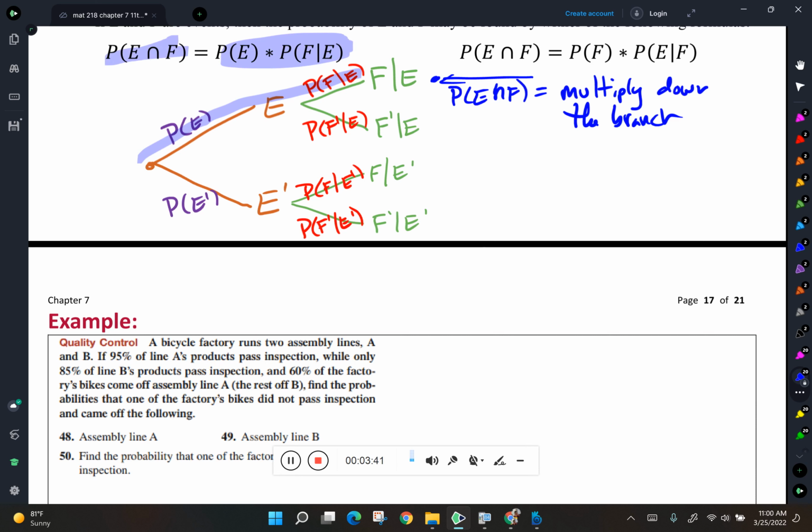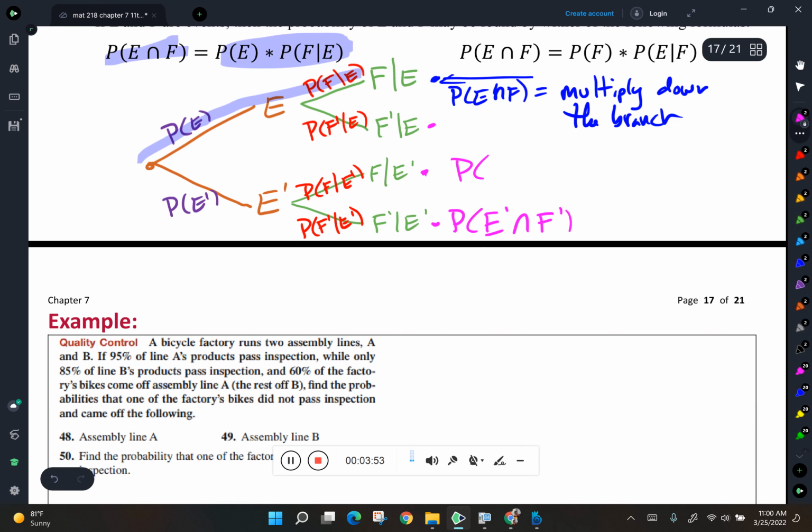In fact, every one of these terminal branches over here is going to be an intersection. This one down here is the probability that E didn't happen and F didn't happen. This one's the probability that E didn't happen and F happened. This one's the probability that E happened and F didn't happen. And if you were to multiply down any branch, you would get that intersection.